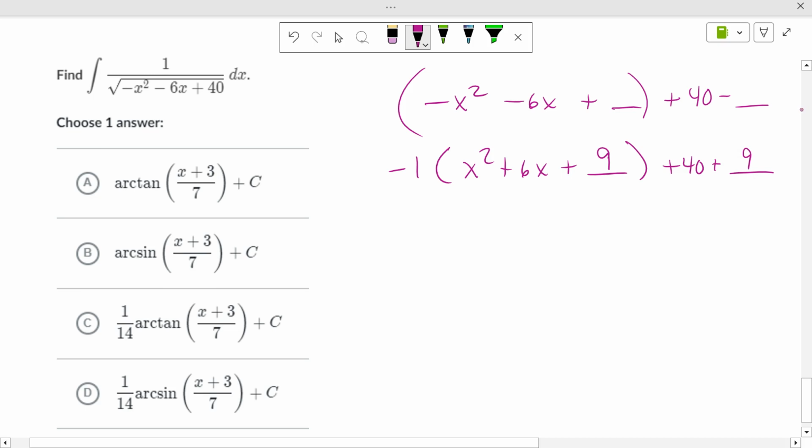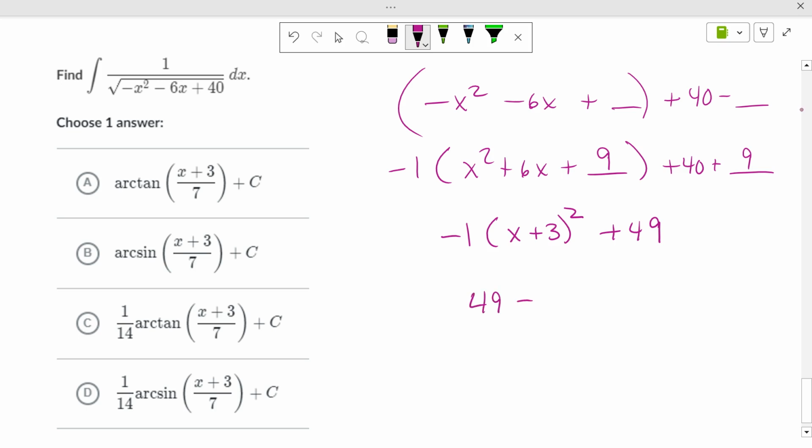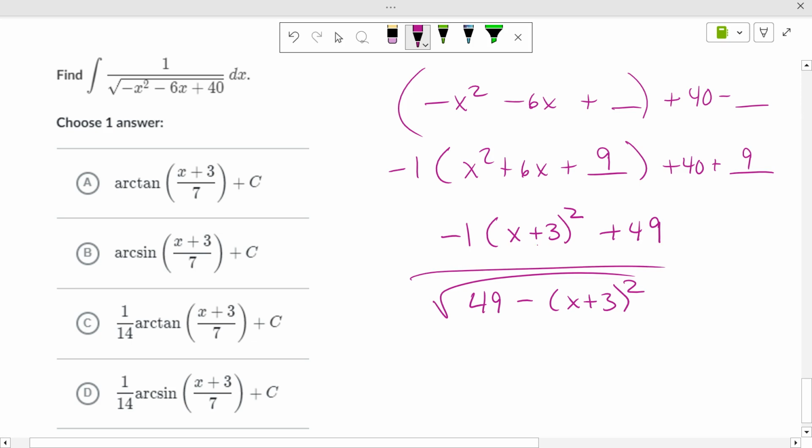So it's negative 1 times x plus 3 squared plus 49. We good? Everybody follow me. Switching the order, it's 49 minus x plus 3 squared, all under the square root with a 1 and a dx. Okay? So it's the inverse sine of u over a, right?